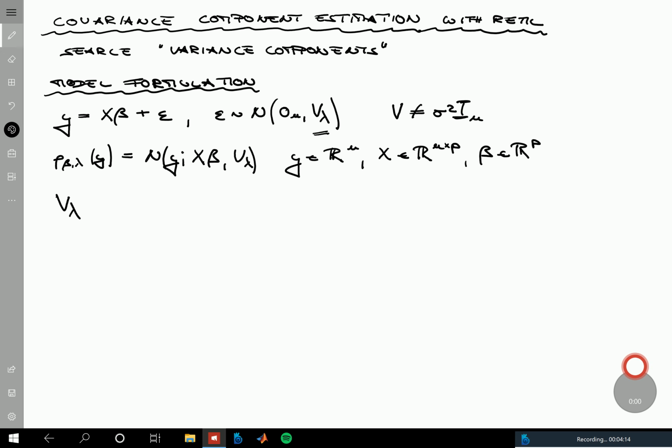So V lambda is given by the sum of k covariance component parameters times covariance component basis matrices. That's how I call these things. Let me first write it down and then I tell you in detail what these are.